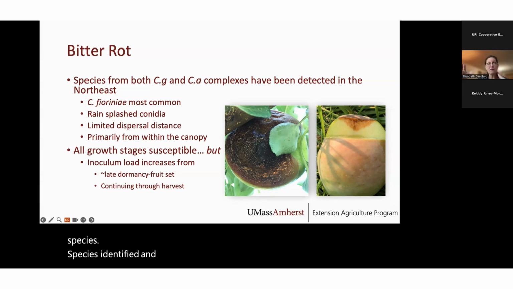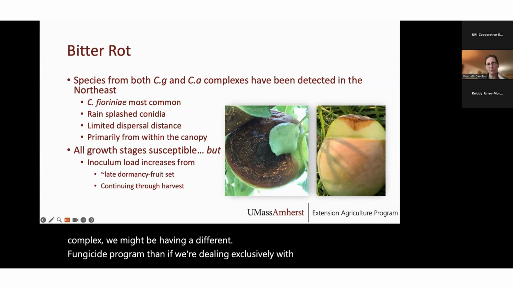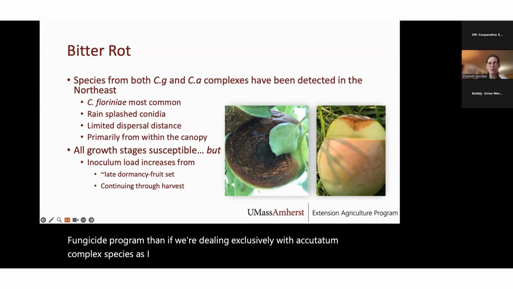So we're working on getting those species identified, and we need to identify them because they have different fungicide sensitivities. If we find ourselves with something in the Gloeosporioides complex, we might have a different fungicide program than if we're dealing exclusively with Acutatum complex species. As I mentioned before, they're rain splashed within the canopy, so the dispersal is limited compared to the ascospores, that sexual phase.